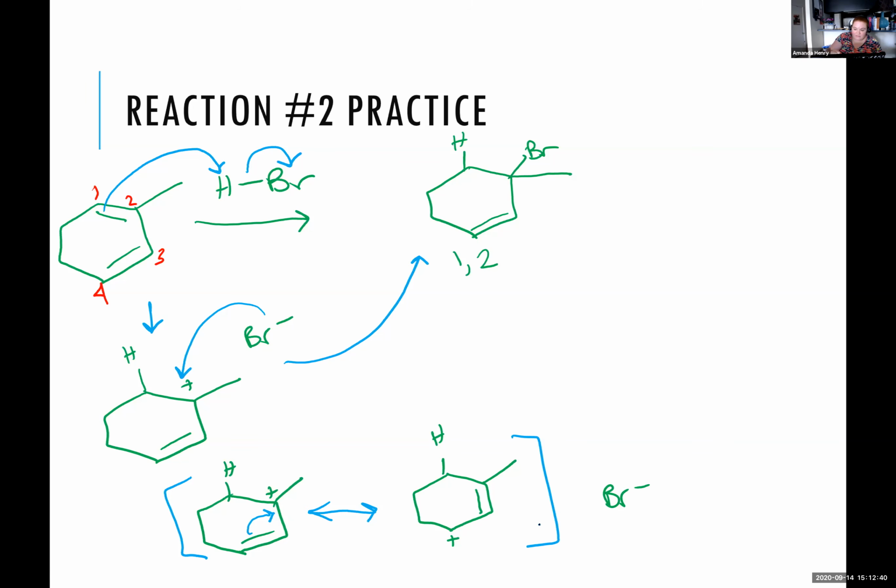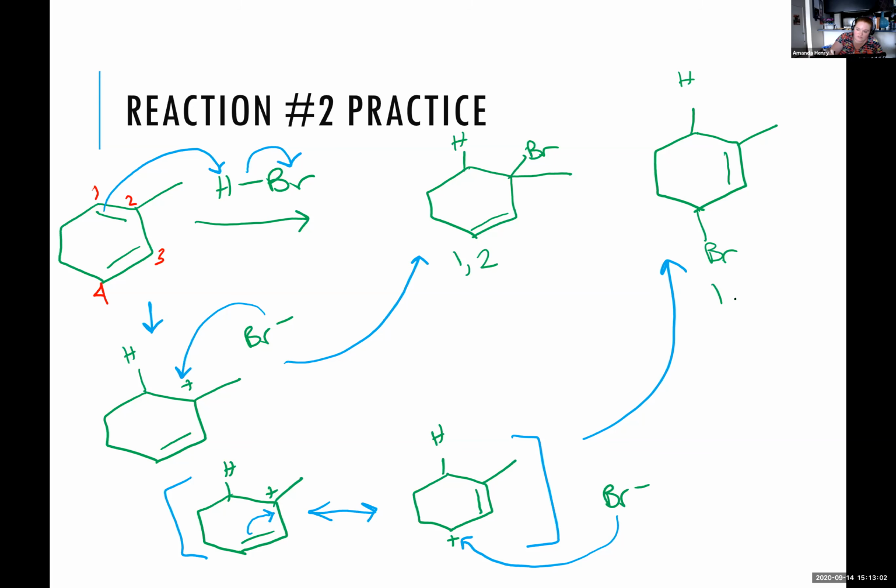Now my bromine is going to do the nucleophilic attack, but my carbocation has shifted locations. So my new product, we have the hydrogen up here at number 1, the methyl still where it belongs. My double bond has moved, and now my bromine is over here. So this is my 1,4 product.